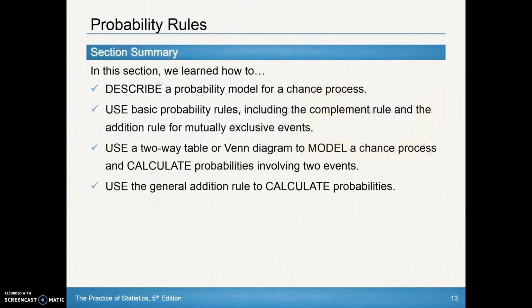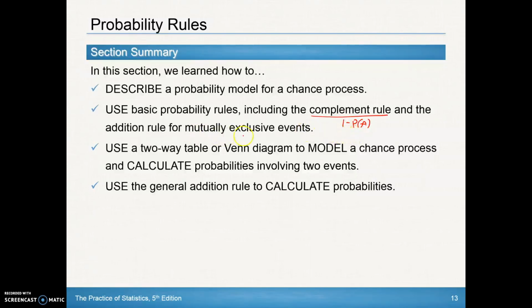And that finishes up section 5.2 in the probability rules. Probability is a model for a chance process. Again, we have a sample space, and then we have a probability for those different events. Our probability rules: the complement rule, which is 1 minus the probability of an event occurring.